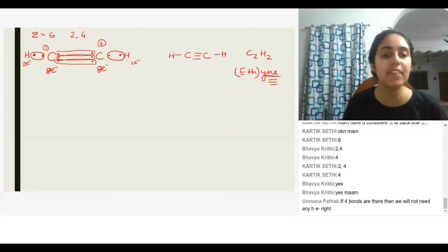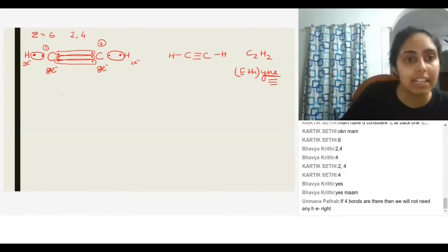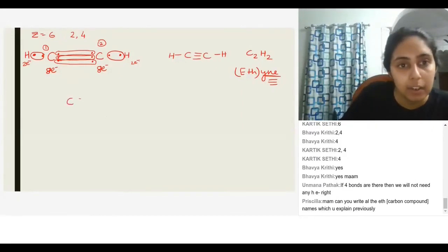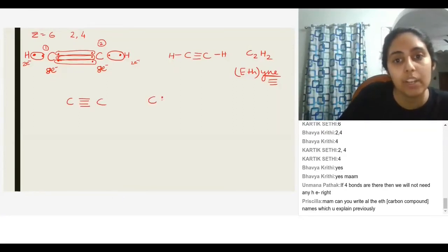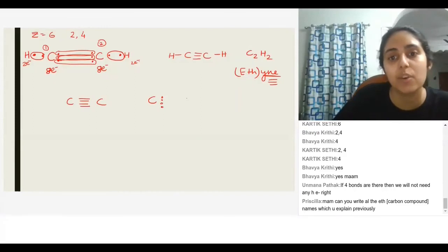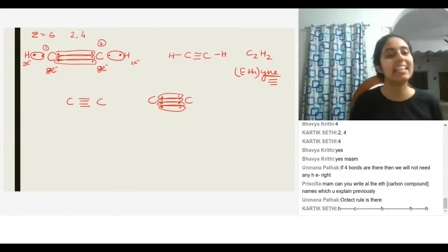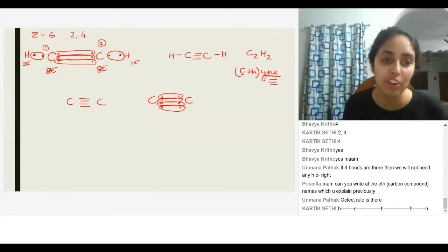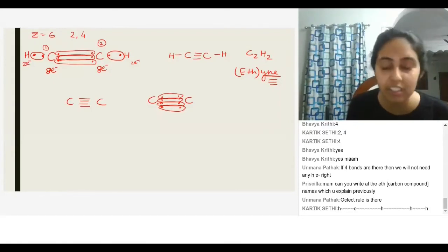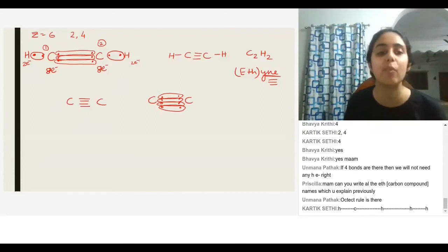So what happens when we have, let's say, carbon with 4 bonds? If I put 4 electrons, I draw like this, and I draw 4 electrons like this. Yes, that is a single covalent bond, not a double covalent bond. That is a single bond, that is methane. What you drew is methane.